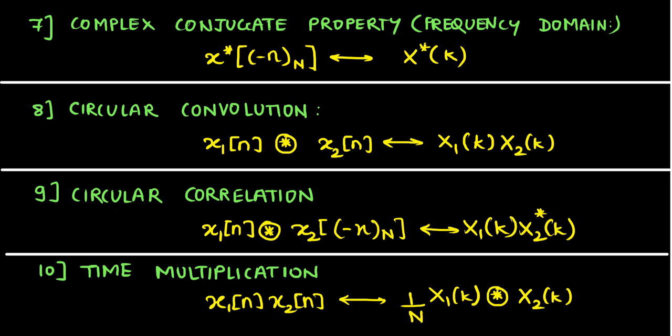So if we have correlation, circular correlation in time domain, then its frequency domain representation is given as x1 of k into x2 conjugate of k. Then we had seen the time multiplication property. That is, if we have multiplication in time domain, then we are going to get circular convolution in the frequency domain, but now we are going to get a factor of 1 by N.